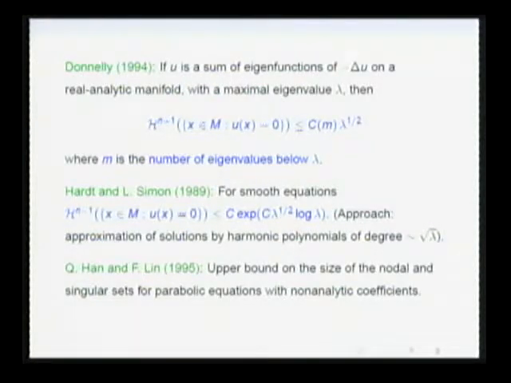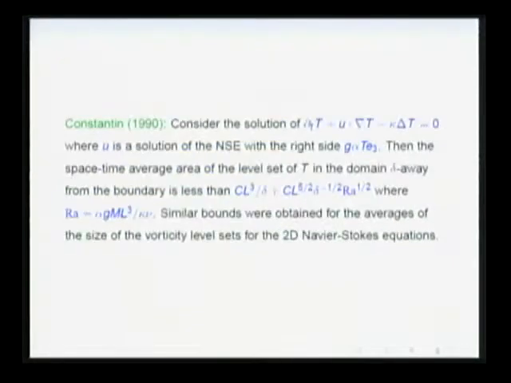Nobody has touched this since '89. So it's e to the square root of lambda that is the best one could do. And the trick is to use harmonic polynomials. It's a very beautiful but very technical proof. Han and Lin extended this to parabolic equations with similar exponential bounds.